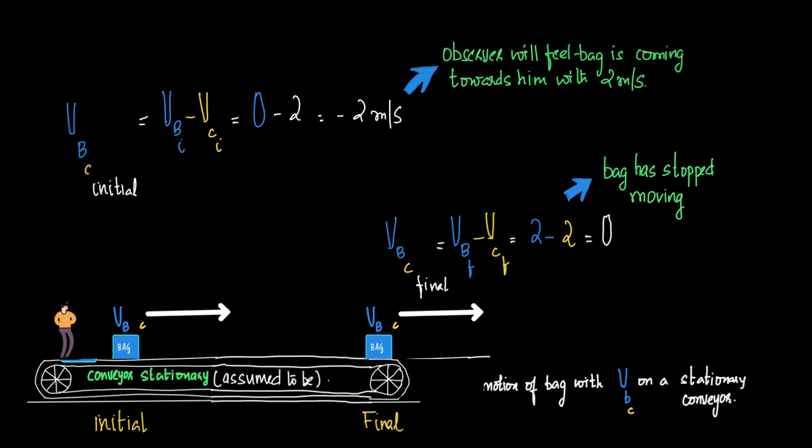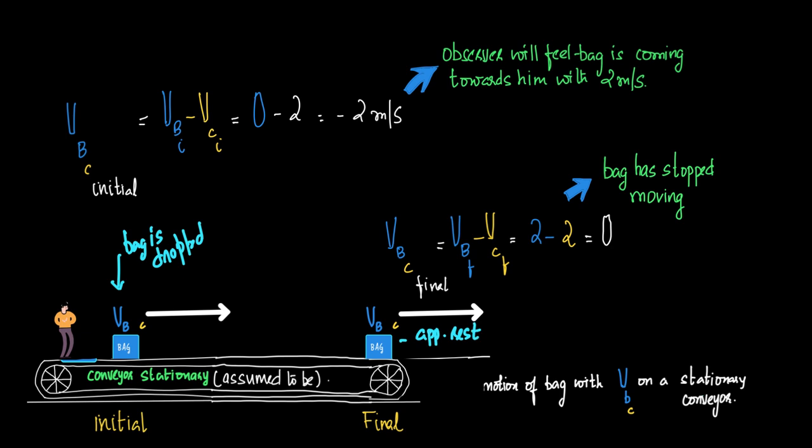It is moving with velocity of bag with respect to conveyor. One more time, what is the velocity of the bag here? The velocity of bag is velocity of bag with respect to conveyor. Now, when this bag is dropped, the initial condition represents when the bag is dropped, and the final condition represents when it is apparently at rest.